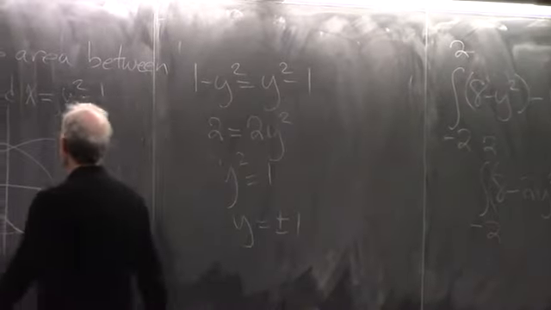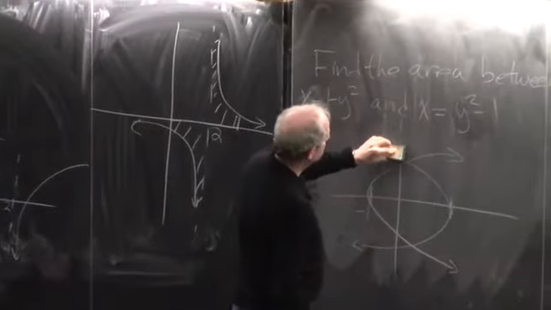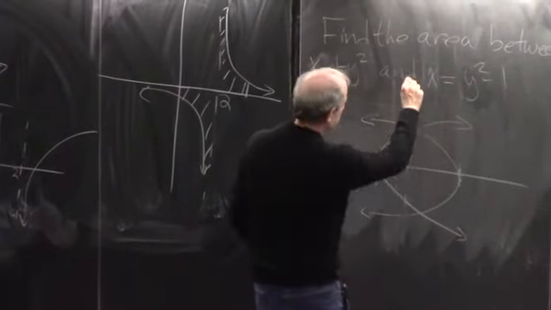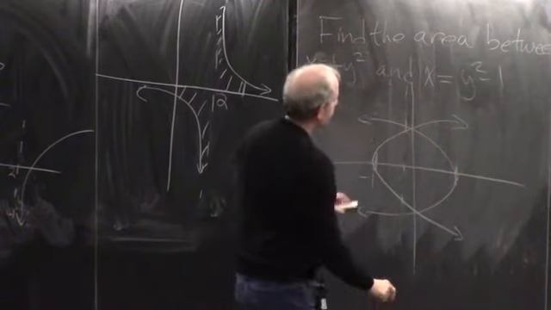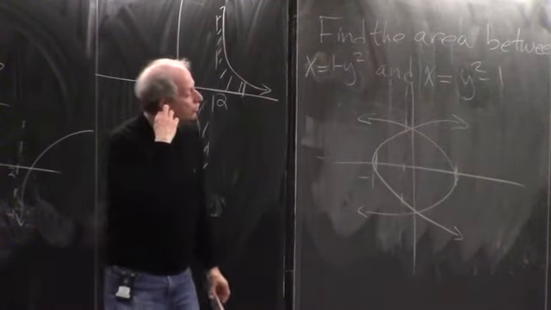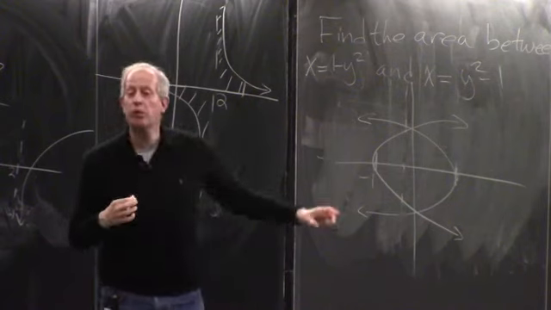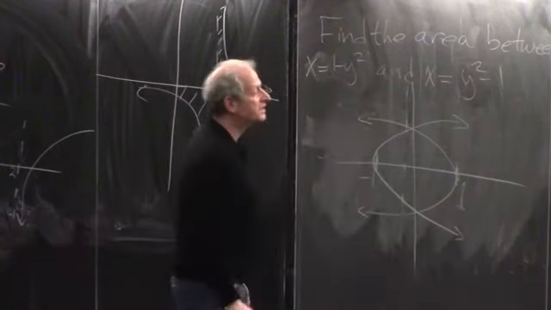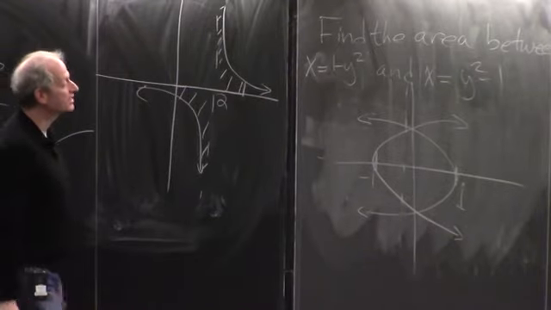And these actually intersect on the y-axis. So the right side equals the left side. So you could integrate from 0 to 1 and double the answer. Okay? And as I said, that often is easier to do. So let's do that this time.